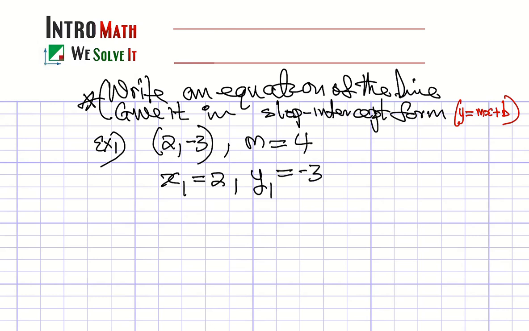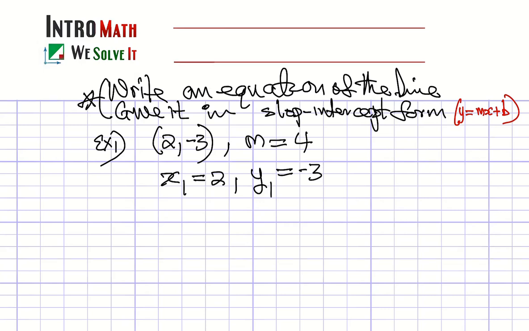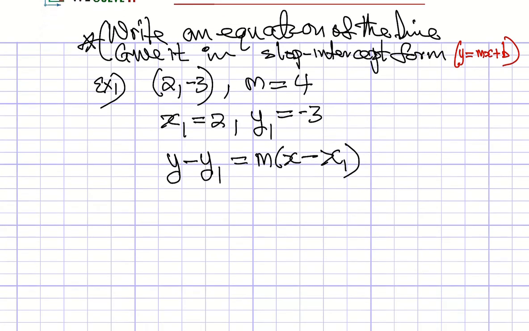And the slope is 4, right? And then you write the equation. y minus y1 is equal to m, the slope, times x minus x1, right? This is the point slope form, okay?